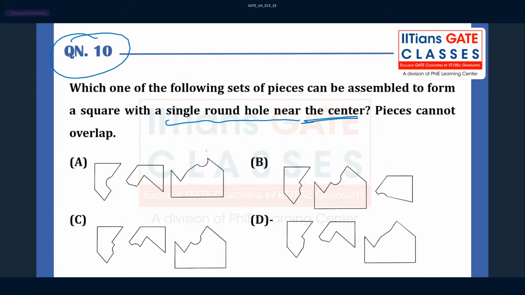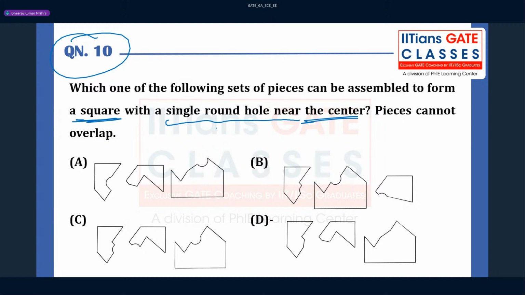So you have to form a square, guys, with a single round hole near the center. So one hole should be there near the center.